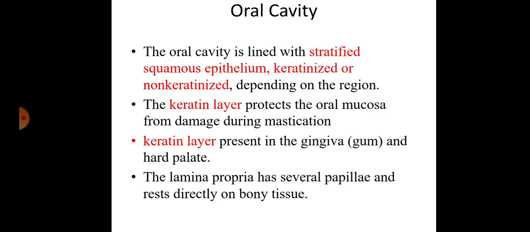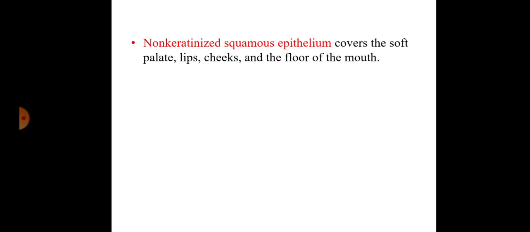Deep to the epithelium in the hard palate, there is lamina propria, and this lamina propria contains many papillae and rests directly on the bone. So here the layer consists of two, mucosa and submucosa.